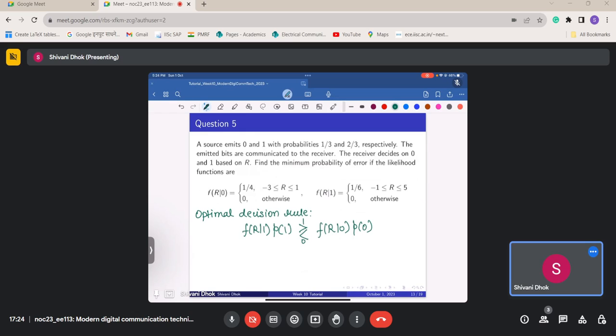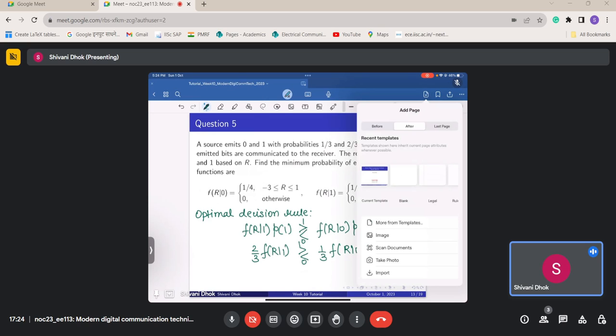So this we know. Now probability of 1 is 2 by 3 and probability of 0 is 1 by 3. So this is 2 by 3 into f of r given 1, compared with 1 by 3 f of r given 0.